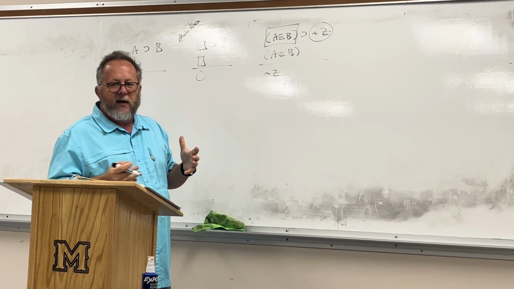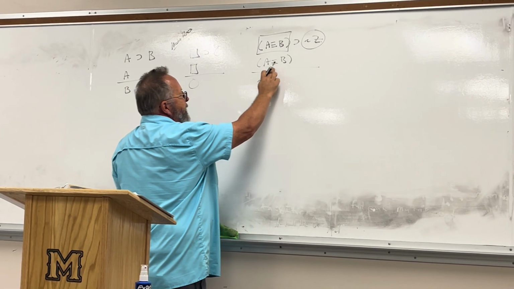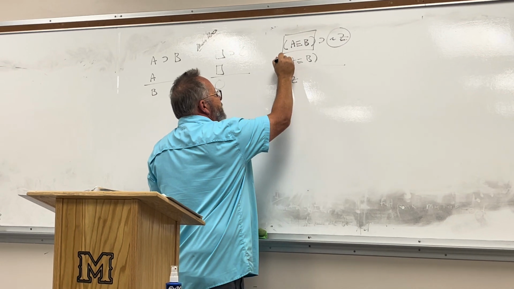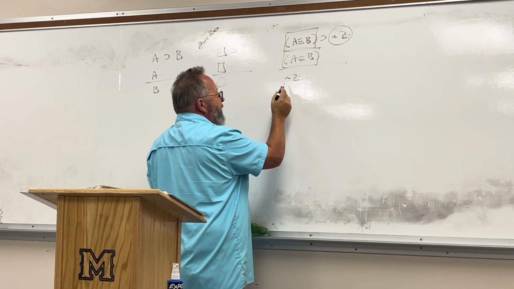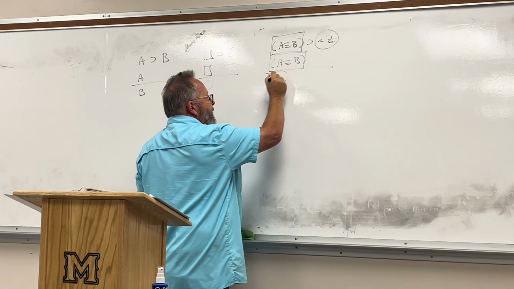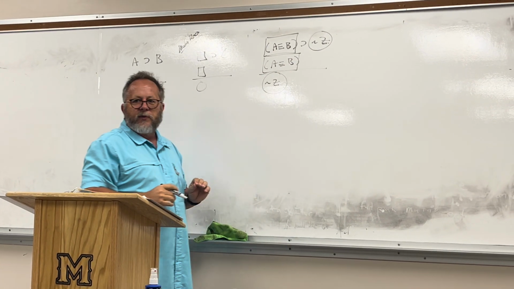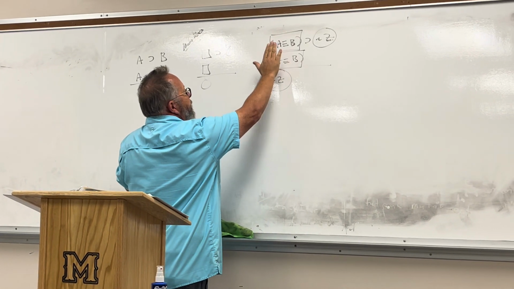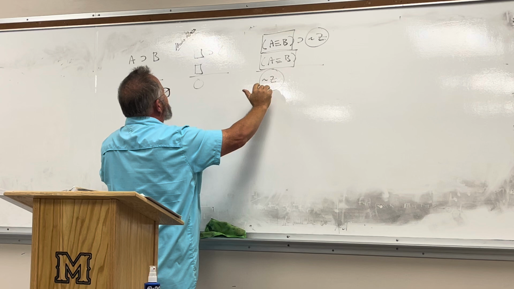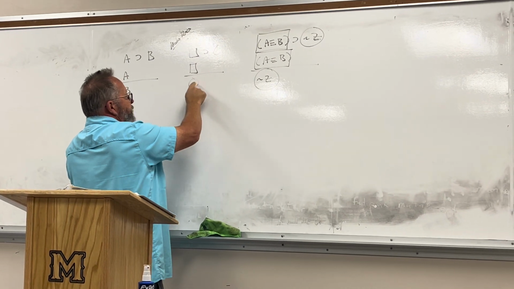When I come down here, I see A if and only if B. Well, that's a box. And not Z, I've defined as a circle. So now let's look at this form. Box conditional circle, box, therefore circle.